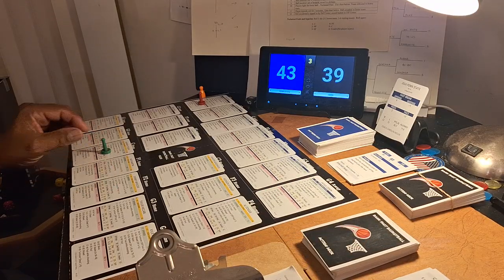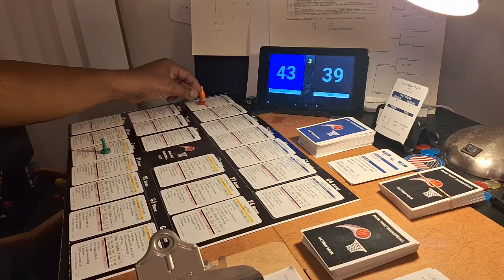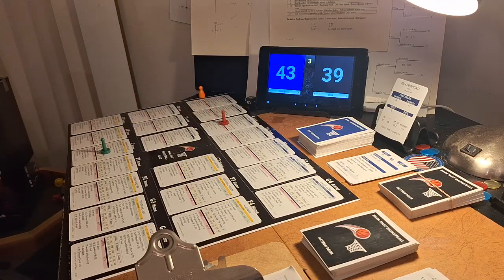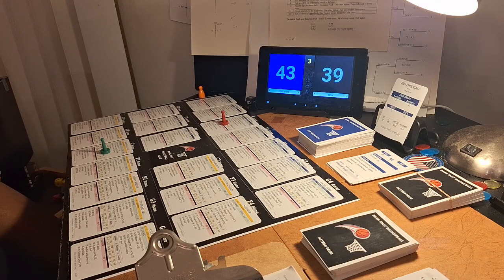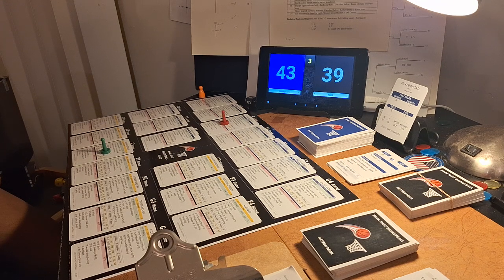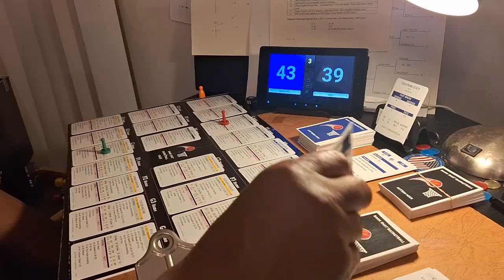It'll be the center going against the defender. 05 off the offense. That's going to be a miss, and it's going to be a 2-point miss. Check for the rebound.